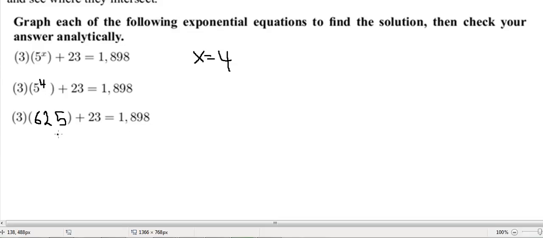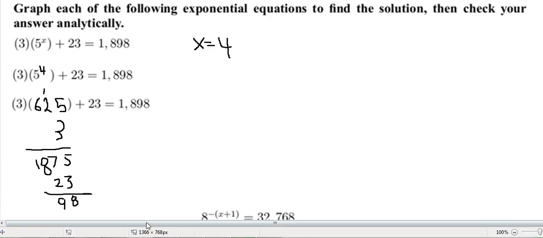So let's take 3 times 625, so that'll be 15, 6, so that'll be 7, 18, so 1875, and then we need to add the 23 on here. 23, so we have 8, 9. Looks like this is going to work for us. Yes. So there we have it: 1898 equals 1898.